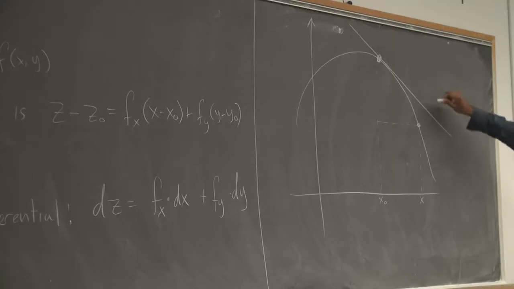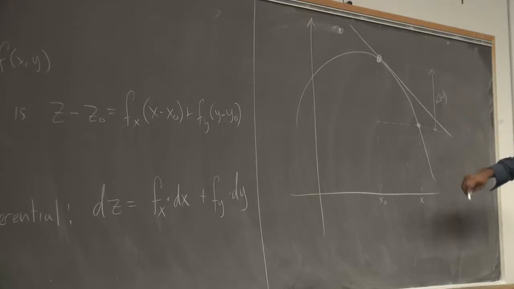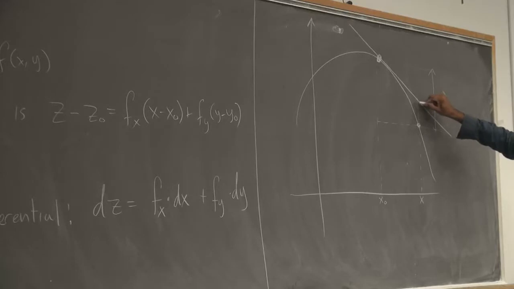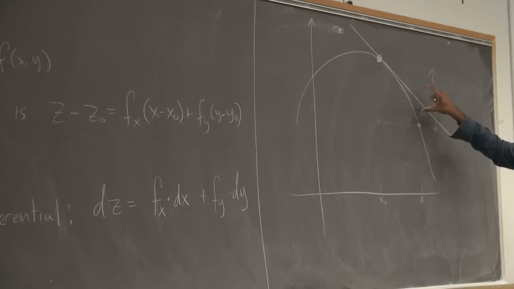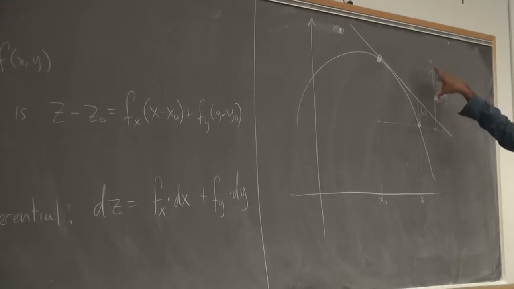Now you see the actual distance between the points, that's called delta y. The distance between the point and the tangent line is dy. dy implies that you're using the tangent line to approximate a distance rather than the actual function.